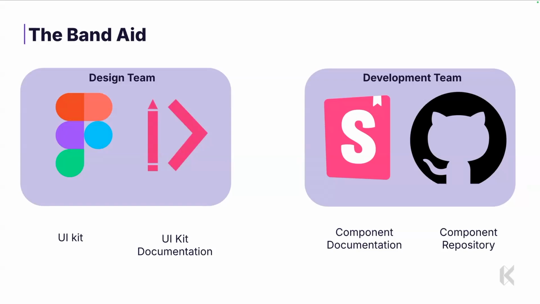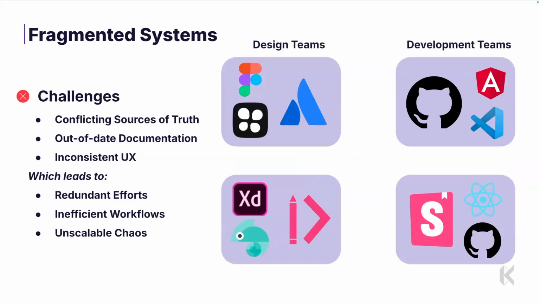But what we often find is that they're still fragmented, because designers have their source of truth, developers have theirs, and we still have a disconnect in achieving design to code parity.